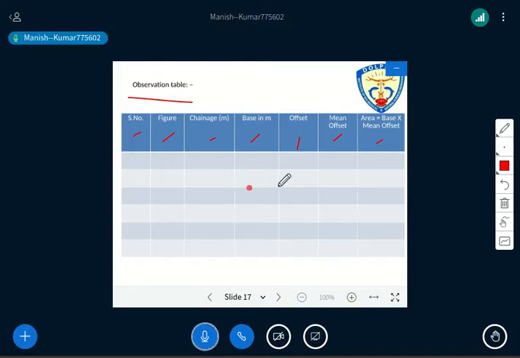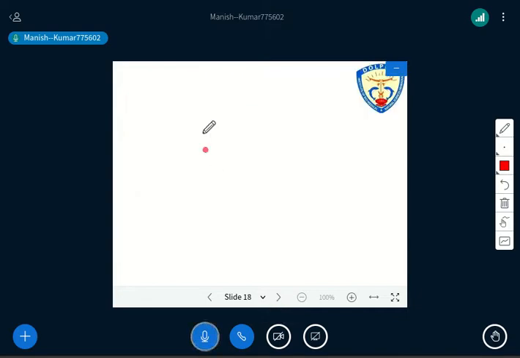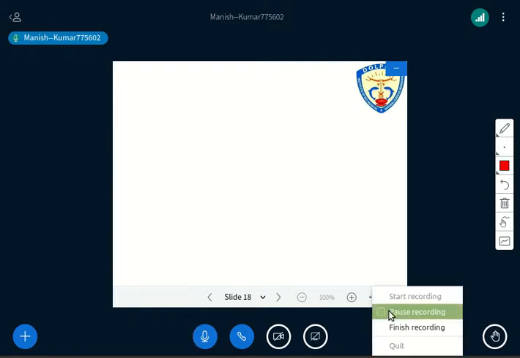This is the observation table that needs to be filled, and then we will calculate the area, right? So this is the basic concept related to cross staff survey. I would like to discuss the same thing with an example, but before that, is there any question related to the concept? First you ask, then I'll discuss how to work with this.